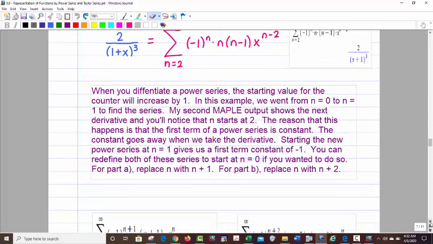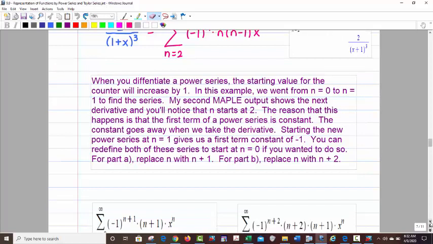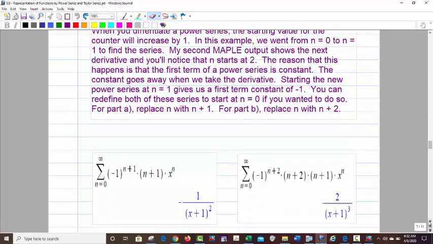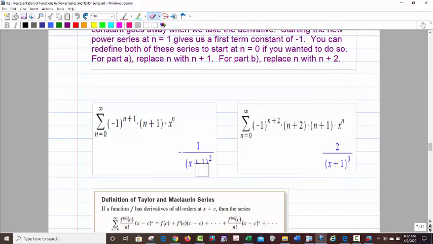Now I'm explaining here that if you wanted it to be back at 0, for whatever reason, not important, for the first one, you have to replace n with n plus 1, and then for the second one, you replace n with n plus 2 for each derivative term. So I took the first one, replaced n with n plus 1.